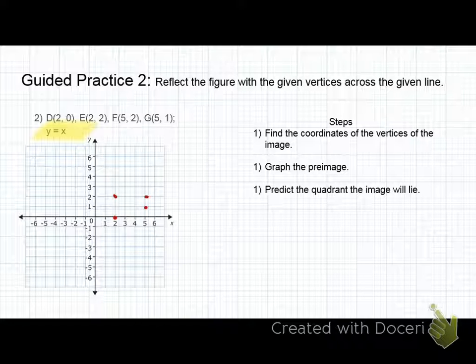These are your 4 points. We got D, E, F, and G, right? Is that what I got? Or did I do this wrong? 2, 2. Oh, that's right. Yep, y is equal to x, so you have to flip all your y's and your x's.